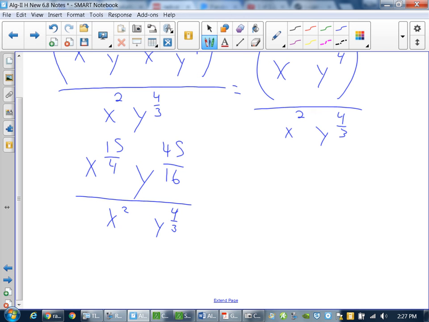I see a bunch of fractions in the denominator, and things I could probably simplify. If you look at the numerator, you have top heavy fractions that would generate mixed numbers. So I want to rewrite these to see what I can simplify out. 4 goes into 15 how many times? 3 of them, and how many are left over? 3.